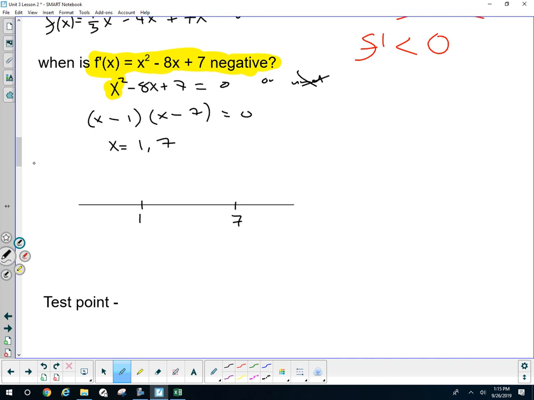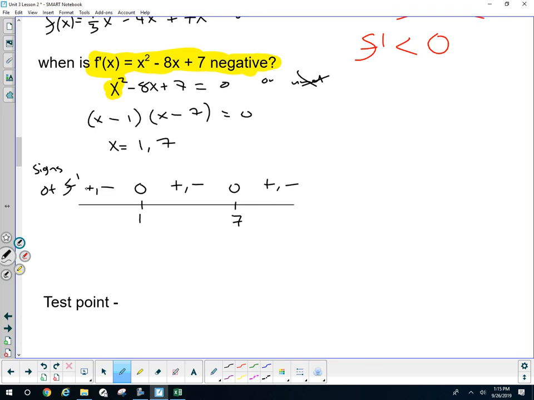And I'm going to analyze the signs of f prime, knowing that I have zeros at 1 and 7. I know that I'm going to have either positives or negatives everywhere between 1 and 7, positives or negatives everywhere after 7, and positives or negatives everywhere before 1.